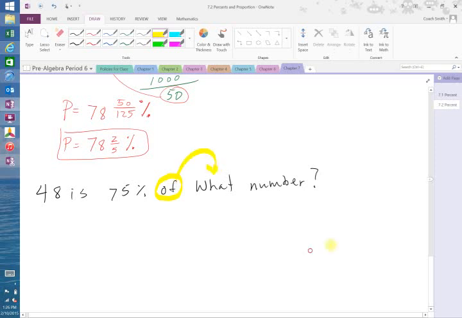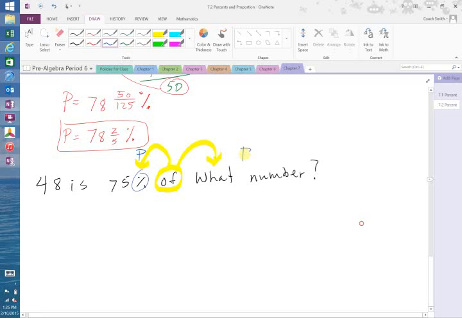Either side of the of is the P and the B. Here's the percent sign, so this is the P. That means this is the B, and that's the A. So that gives me 48 over B equals 75 over 100.